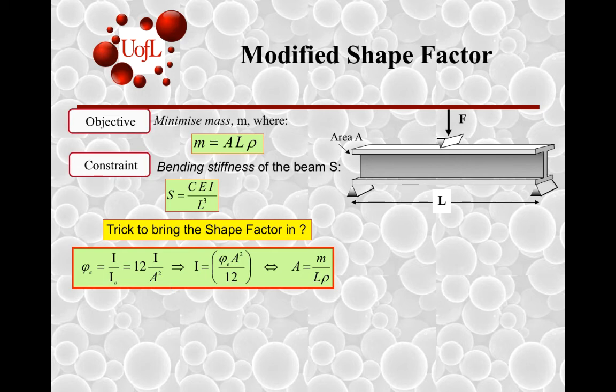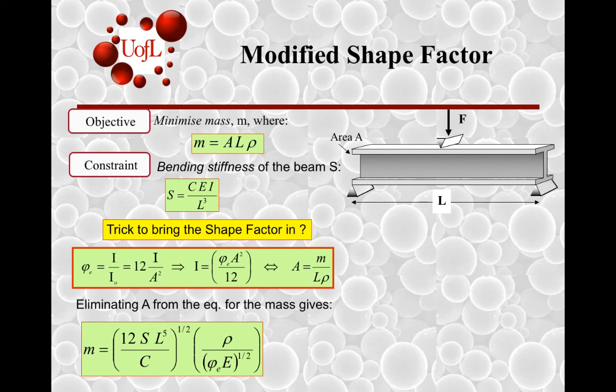So now if you rearrange terms over here for I to use in this equation, I would be phi times A square divided by 12, and A from the first equation can be obtained as m divided by L times rho. So if you insert the value of A into this equation over here and then introduce I into this equation and rearrange terms, what do you get?